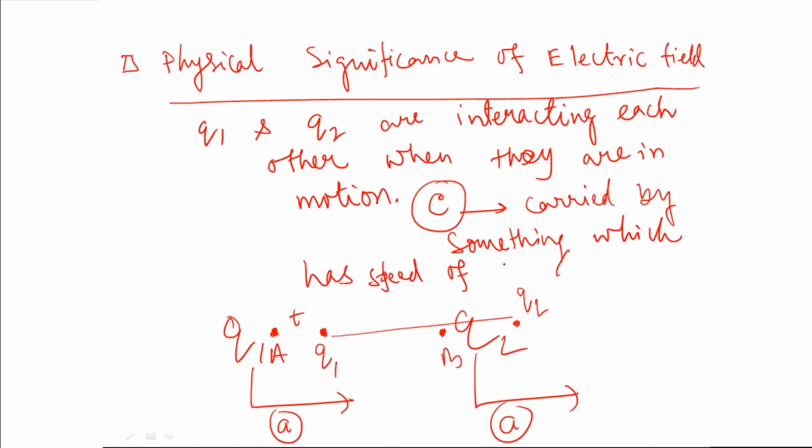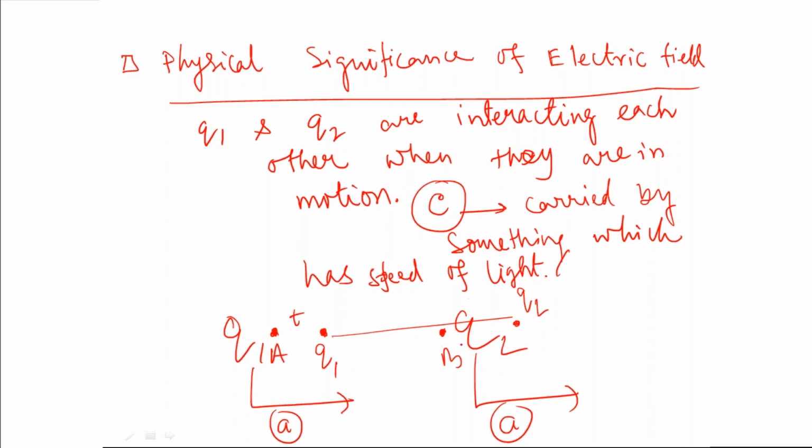Light has the fastest speed, right? So that's how you cannot say that they were not interacting with each other at any time. Light has a huge velocity. It has the maximum velocity in nature. So far, nothing has been discovered which has velocity greater than light. So the information is carried by something which has the speed of light.